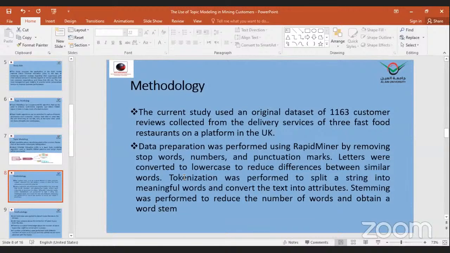Letters were converted into lowercase in order to reduce differences between similar words. Tokenization was performed to split a string into meaningful words and convert the text into attributes. Stemming was also performed to reduce the number of words and obtain a word stem.